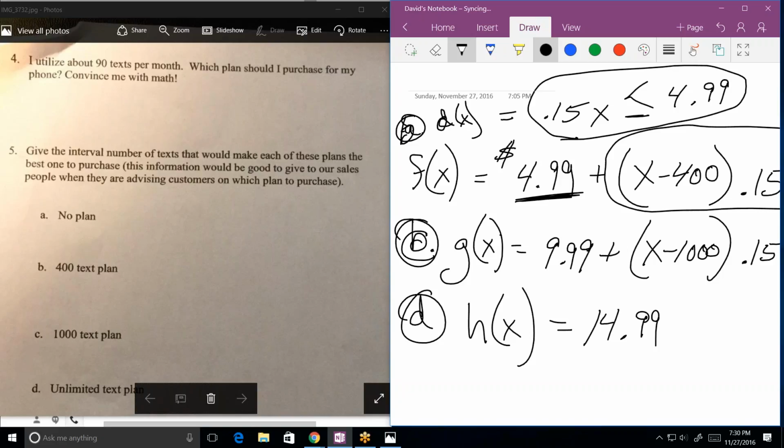Use your calculator. 33.3. So if you had 33 texts, it would be cheaper to have no plan. And if you had 34 texts, it would be cheaper to go with the 400 text plan, right? Okay. Now let's keep doing that analysis.